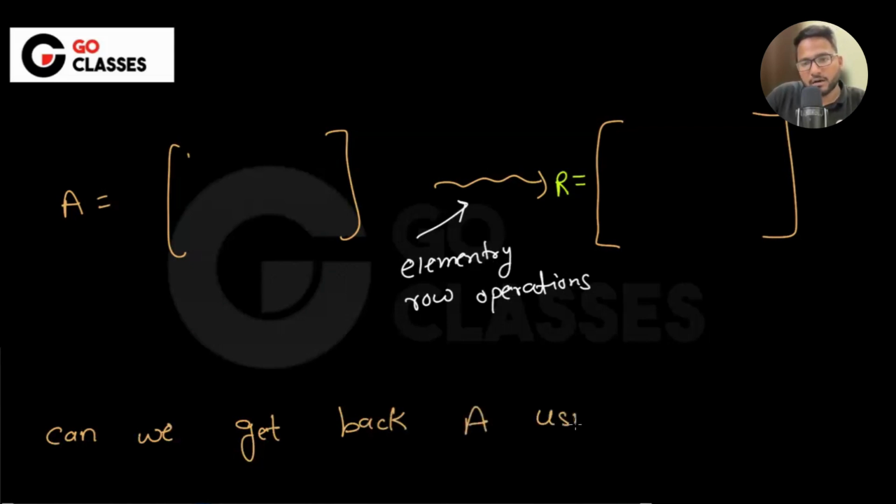Can we get back A using R? Is this possible?